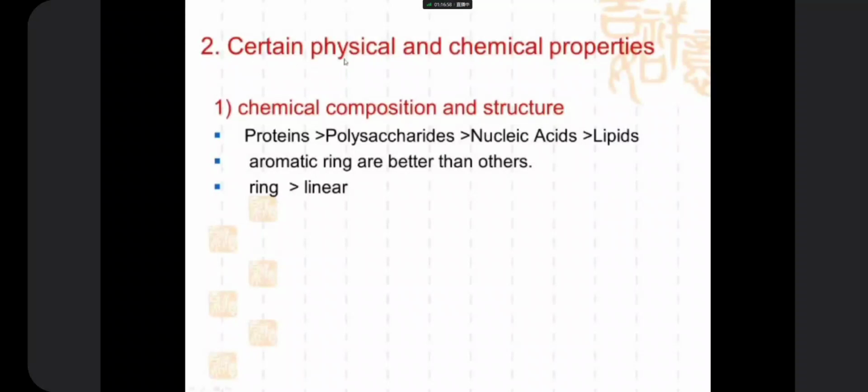Certain physical and chemical properties also can influence the immunogenicity of an antigen. Nucleic acids are better than lipids. Aromatic structures are better than others, and cyclic structures are better than linear structures.